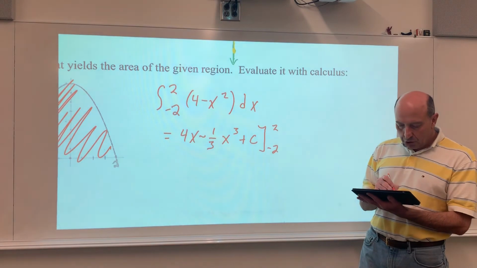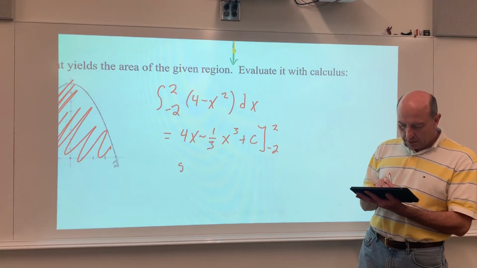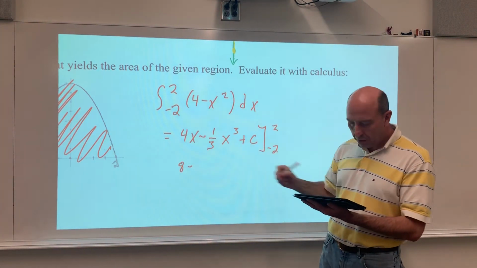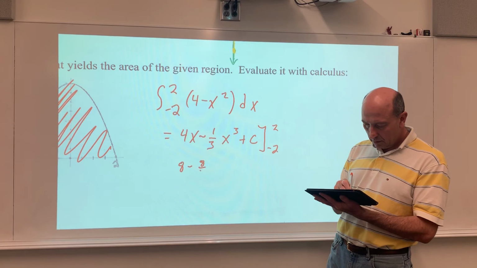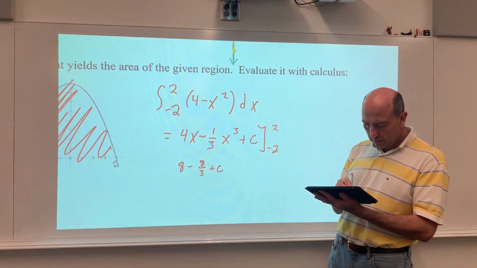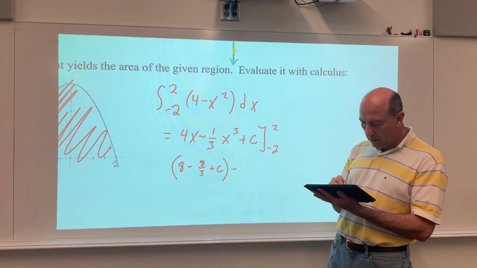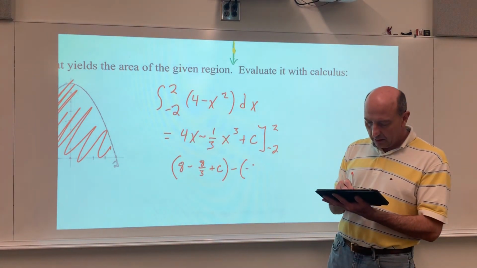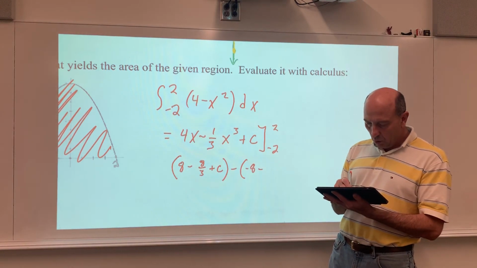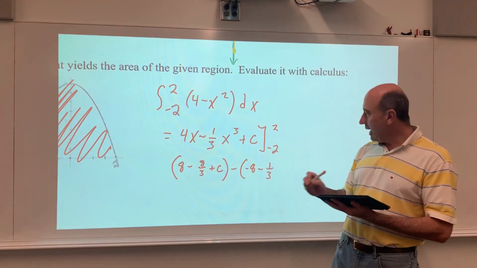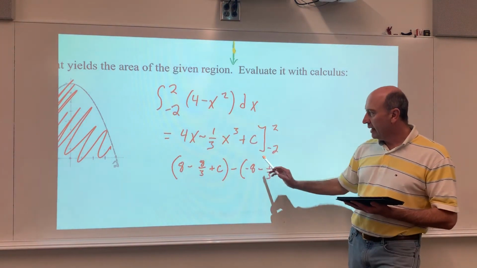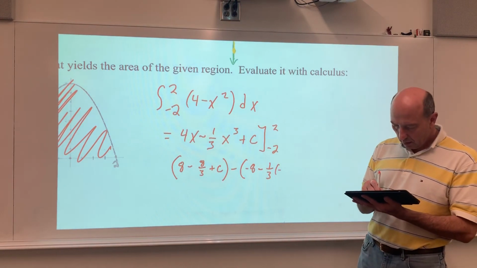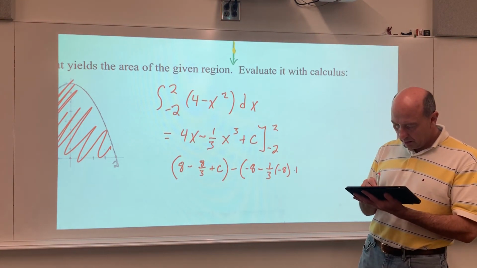So if we plug in 2, we get 4 times 2 is 8, minus 2 cubed is 8 times 1/3 is 8/3, plus c, minus, at -2, 4 times -2 is -8, minus 1/3 times -2 to the third. -2 to the third is -8, plus c.